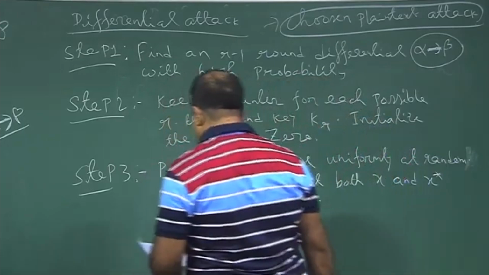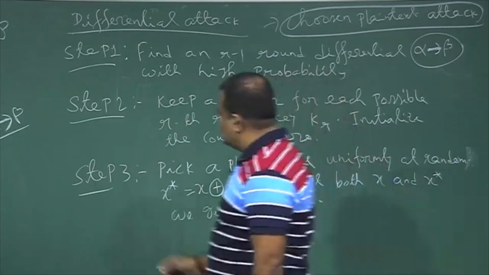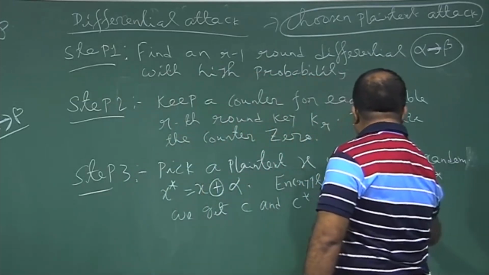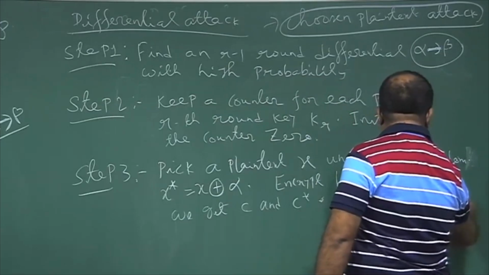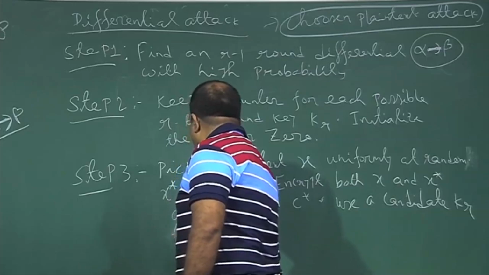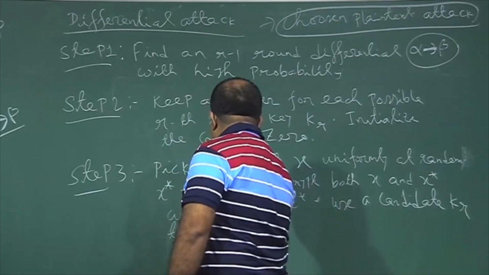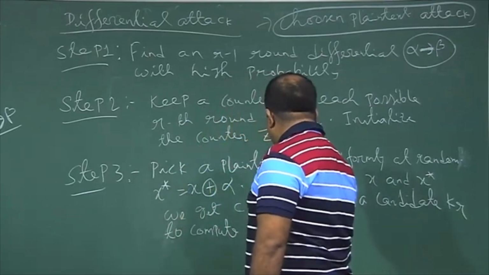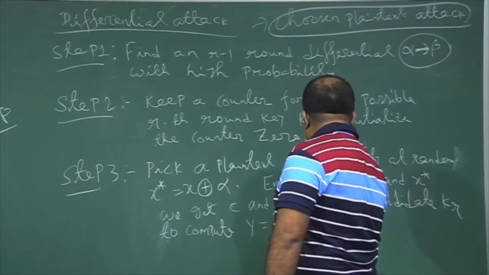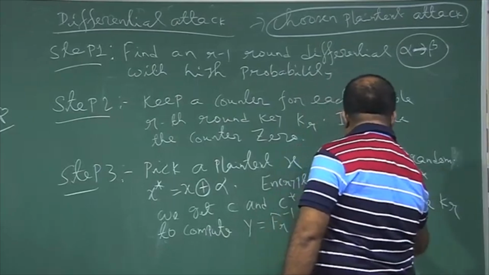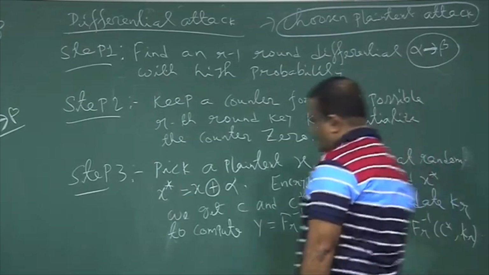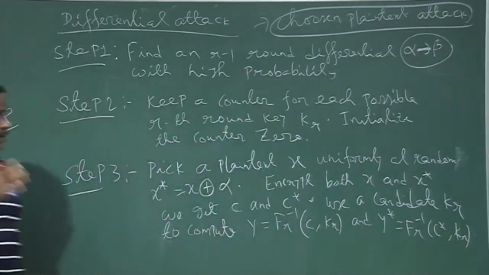And then we use a candidate key K_R to invert and compute y, which is F_R inverse of C under K_R, and y star, which is F_R inverse of C star under K_R. We choose a candidate key, and we have to do this for all possible keys.